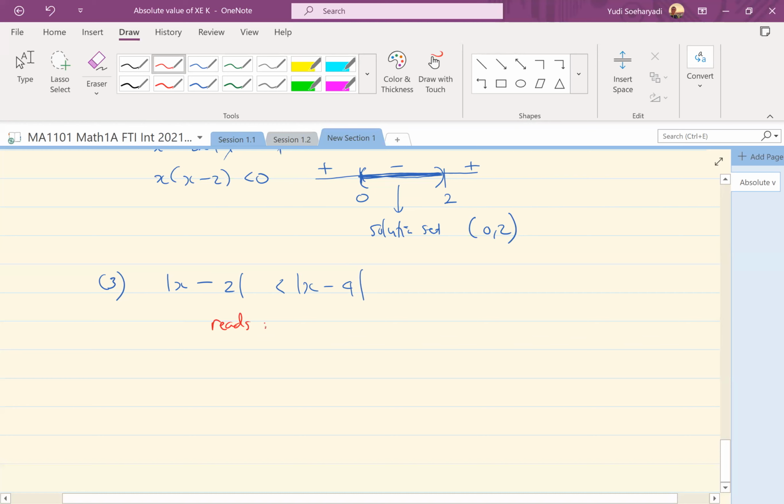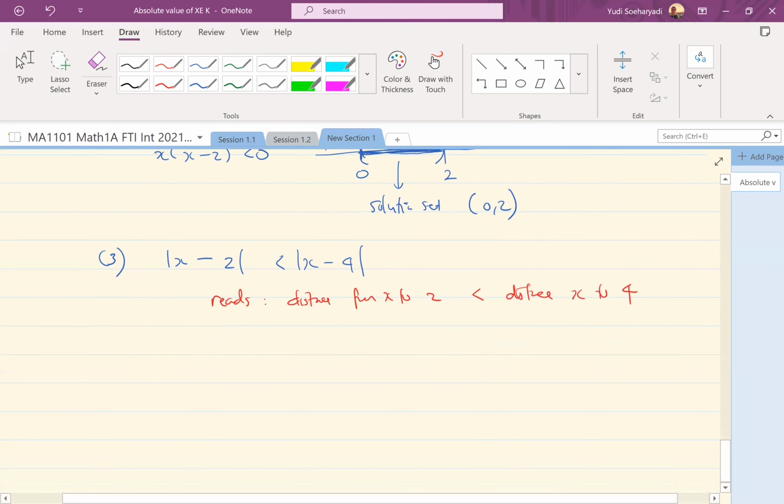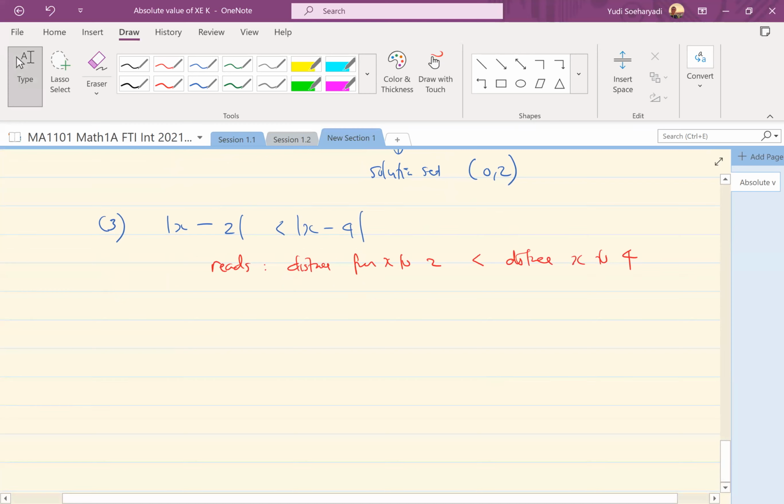What's the left-hand side? The distance from x to 2 is less than the distance from x to 4. Is distance in terms of less than or more than how you call it in words?